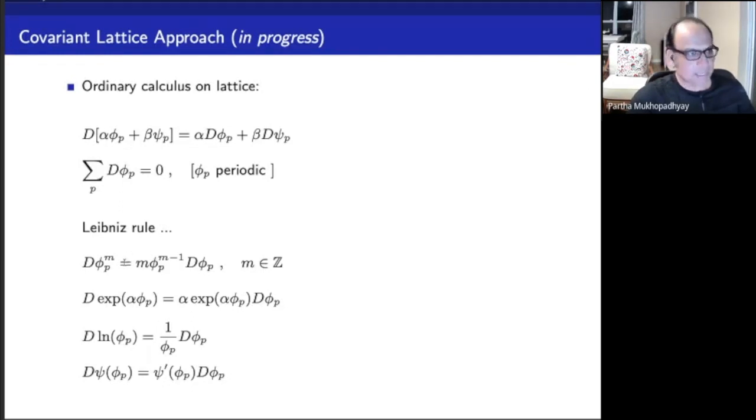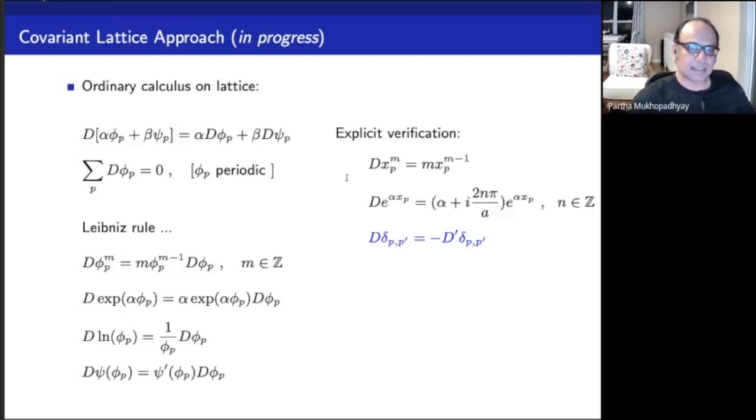I mean, D plus and D minus both satisfy these properties. You can explicitly verify these standard relations, like the action of D on a power. It is a power on the lattice, not on the continuum. It is x_p. And there is an action on the exponential that you can calculate.